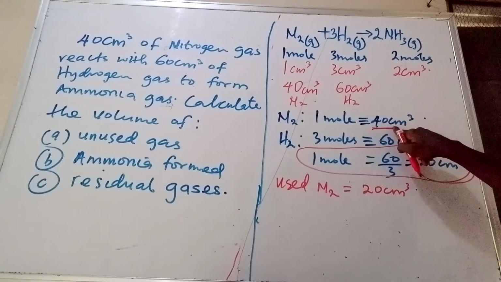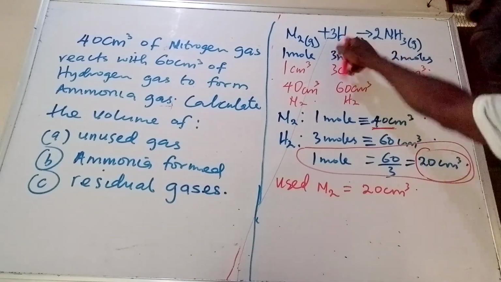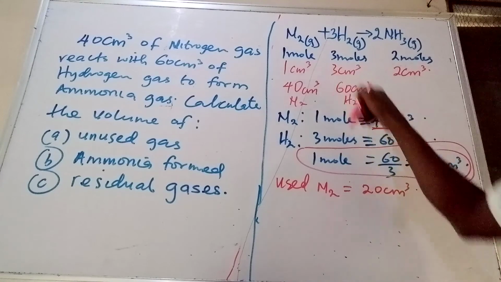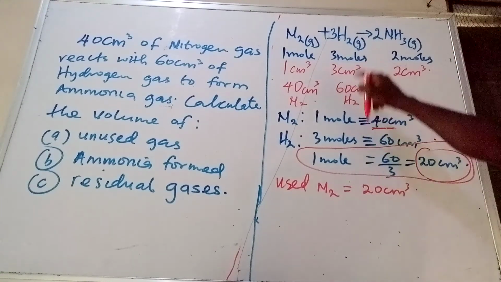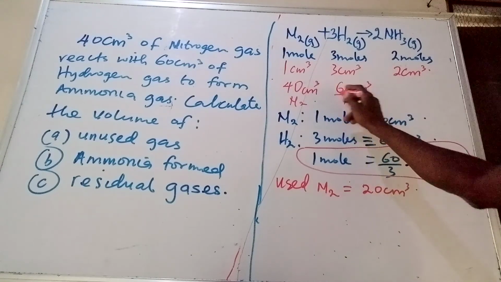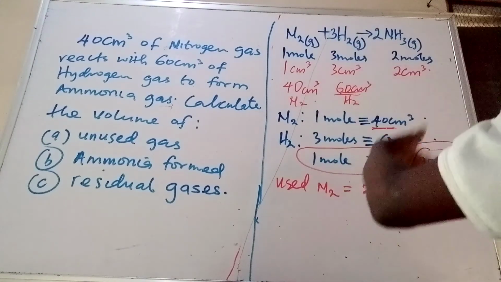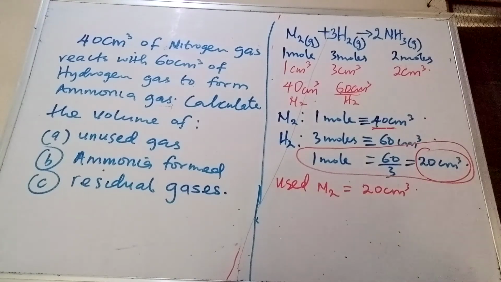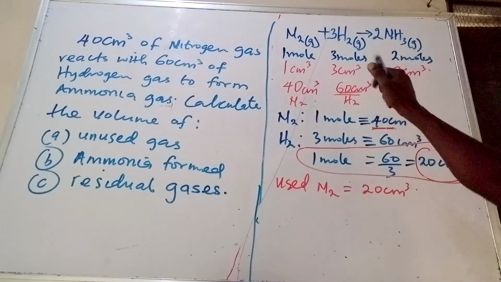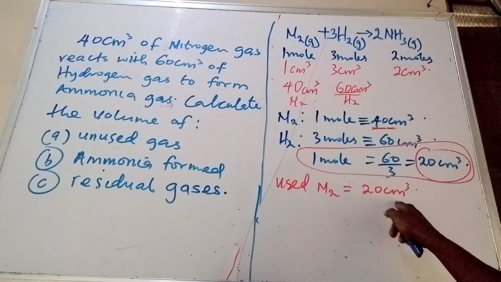Because if we take 40 as 1 mole, hydrogen will not be able to take part in the reaction. Because we have 3 moles of hydrogen, and 3 times 40 is 120. And we don't have up to 120 cm cube of hydrogen. We are given only 60. But if you use 1 mole to be 20 cm cube, that means the nitrogen will partake, hydrogen will partake.